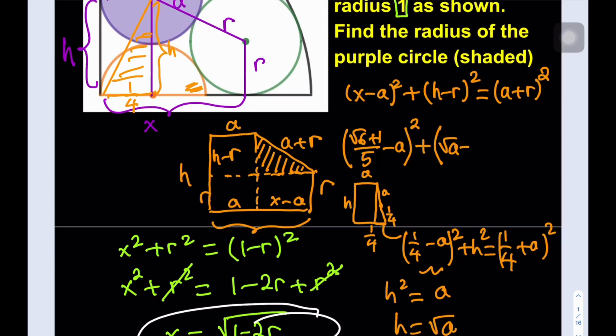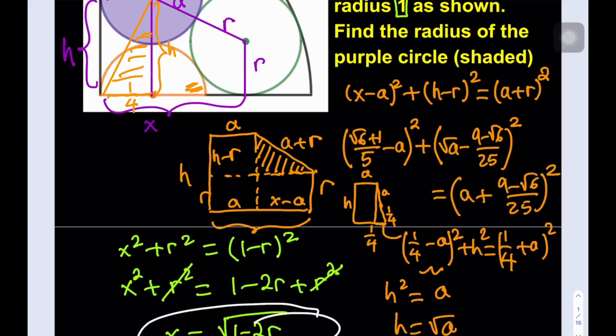We know the value of r is (9 minus root 6) over 25, and that is squared. And then a plus r is just going to be a plus r, where r is (9 minus square root of 6) over 25, squared. All right, so to keep a long story short, I guess this will be the expression that I will be working off of.